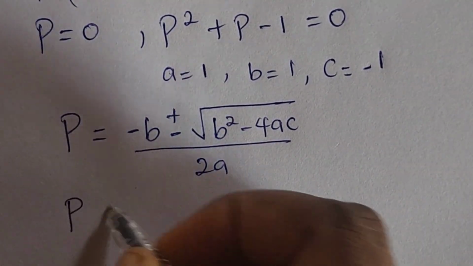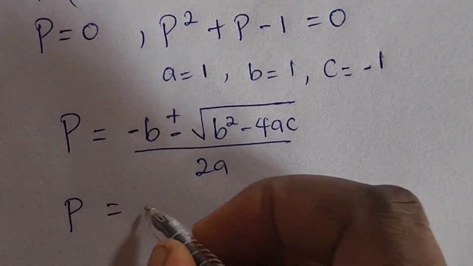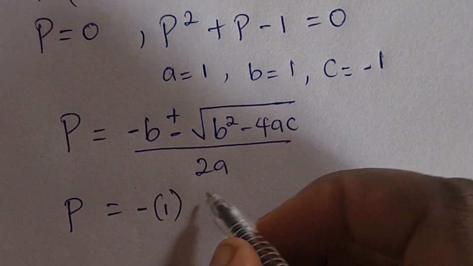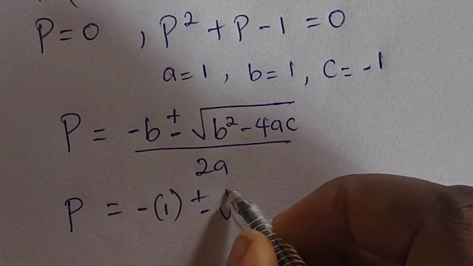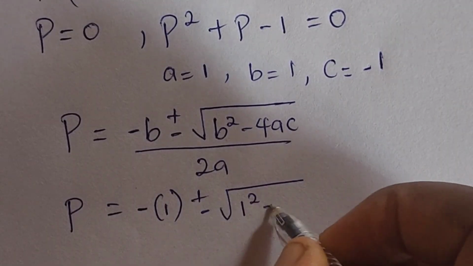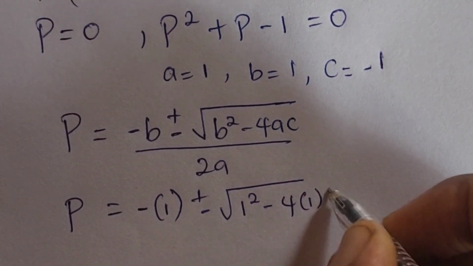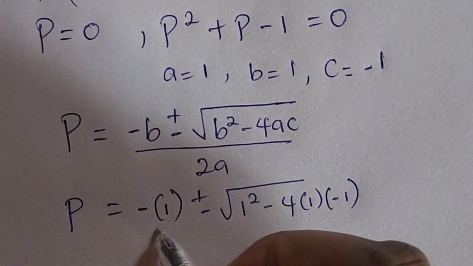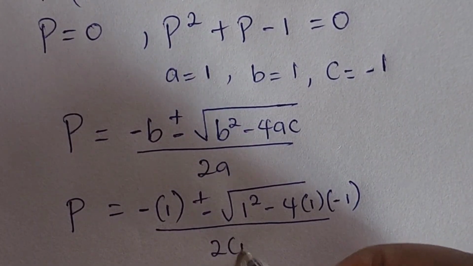So our p will be equal to minus b, we have minus 1 plus or minus 1 squared minus 4 times 1 times minus 1 all over 2 times 1.